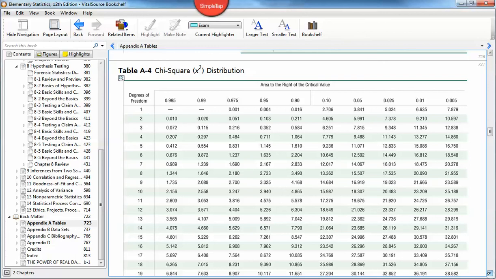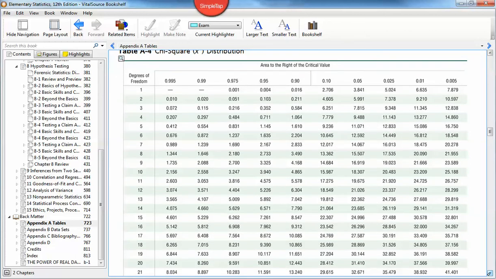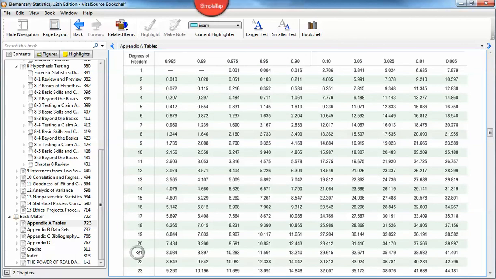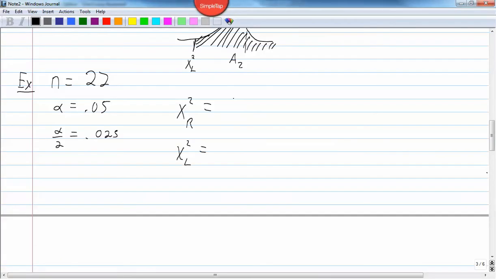Our degrees of freedom, if n was 22, our degrees of freedom is 21. Alright, so here's 21 right here. Now go over until you get to the column that has 0.025 at the top, and that's the one here. So your right critical chi value is 35.479.